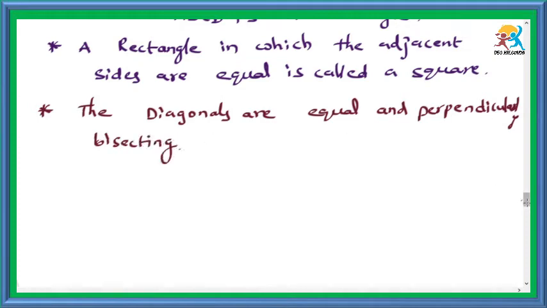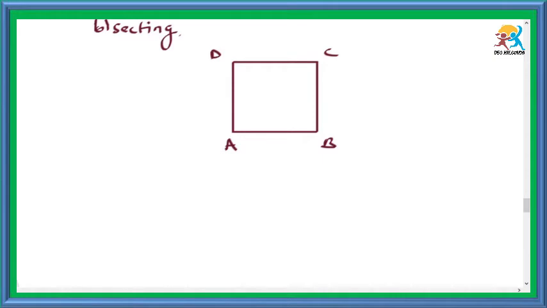We take one more figure. Just observe. Shall I say this as a rhombus? ABCD is a rhombus.